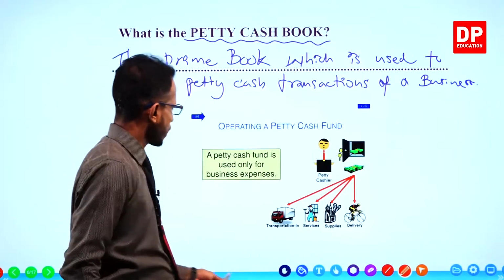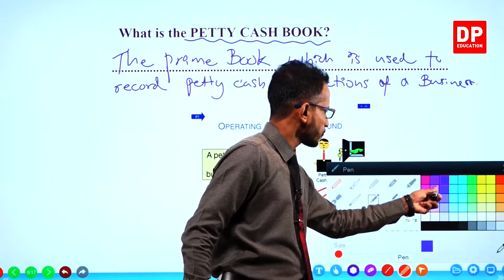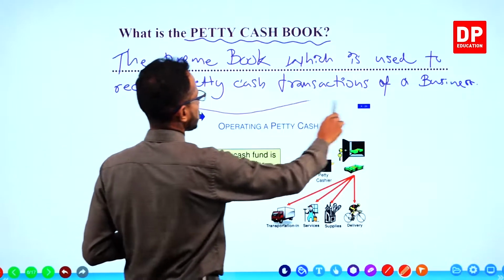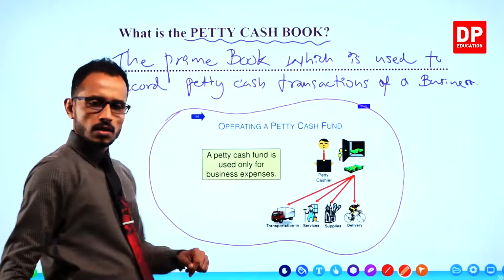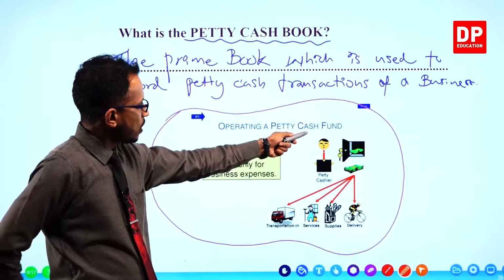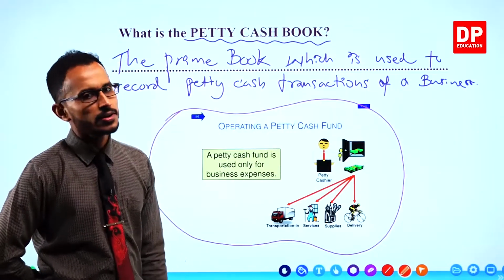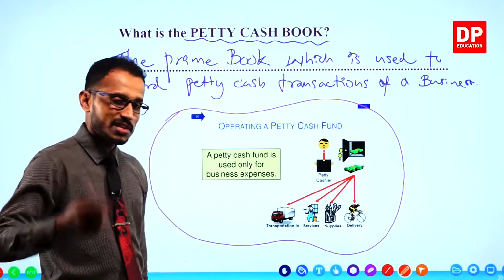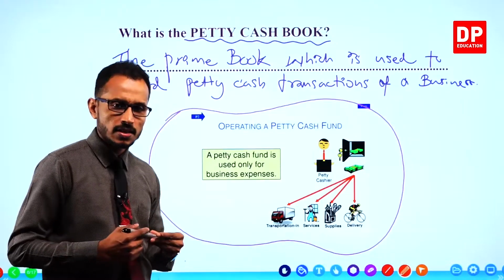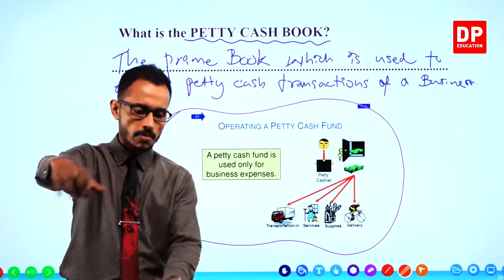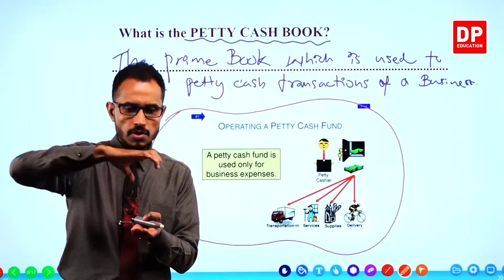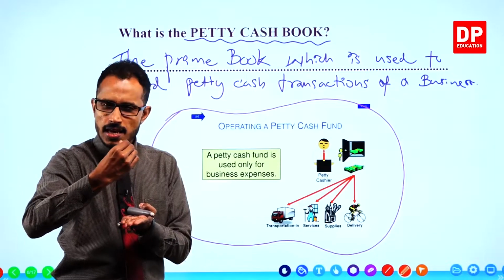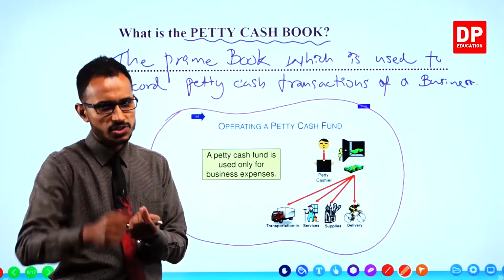Now, here we have a very simple demonstration on how a petty cash fund is operating, right? Just like I mentioned a few minutes ago, there is a fund, a certain amount of money, which is kept by a petty cashier.